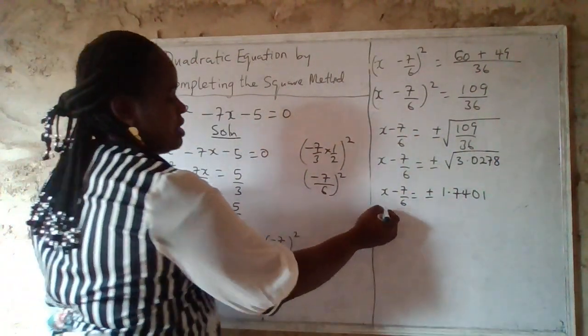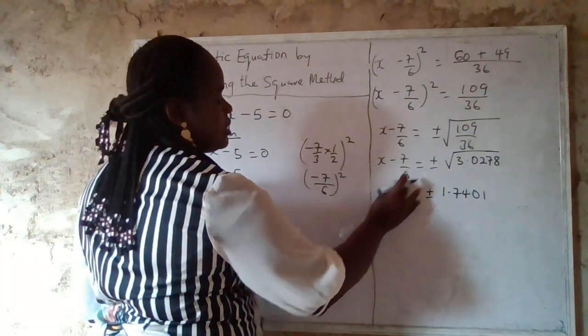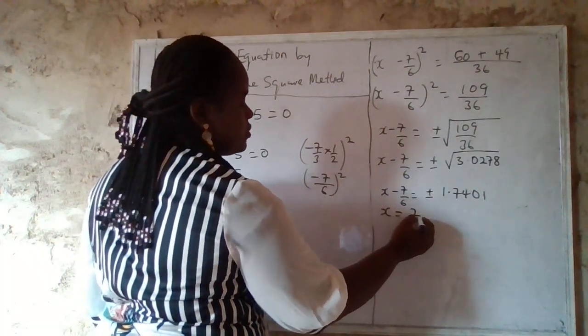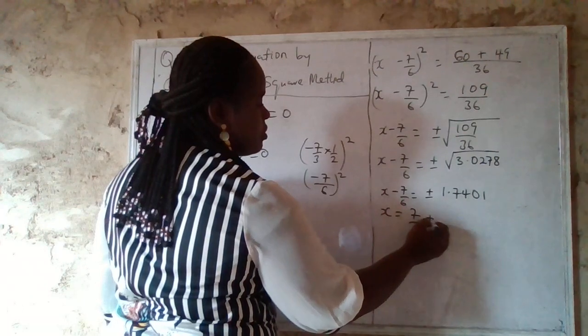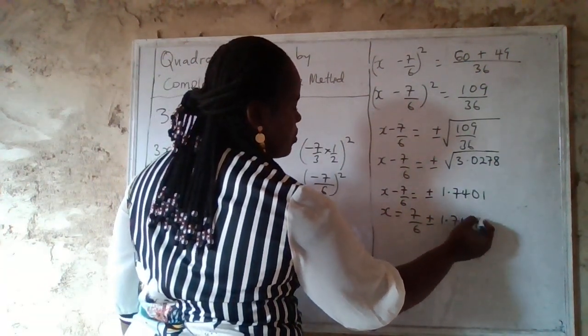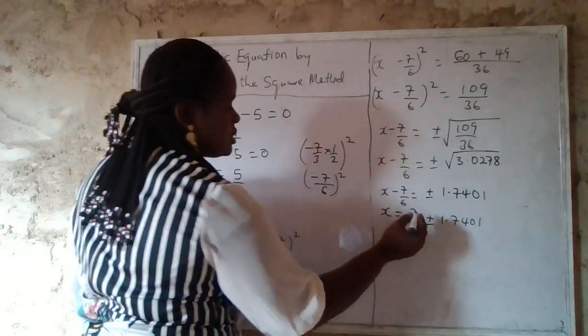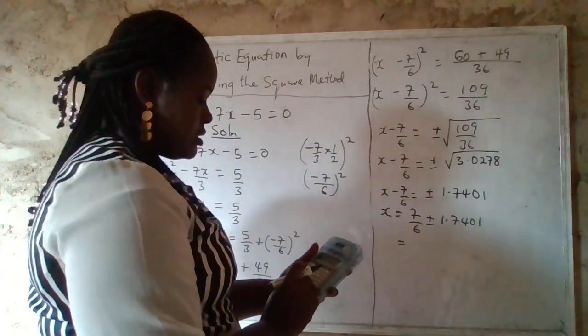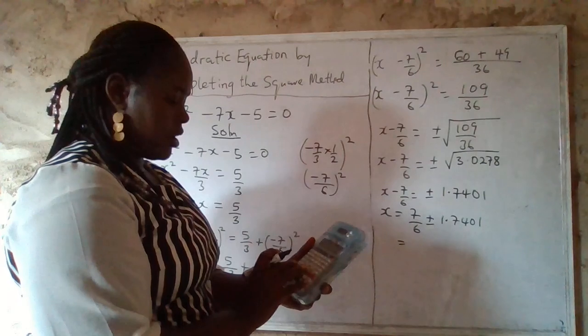Now I'm going to make x the subject of the formula by moving this, so I have 7 over 6 plus or minus 1.7401. Since everything is in decimal, let's work everything in decimal.